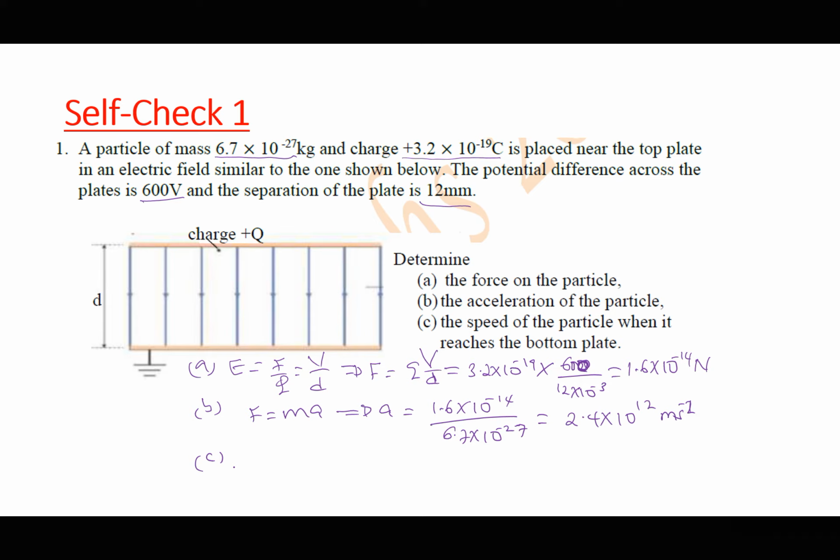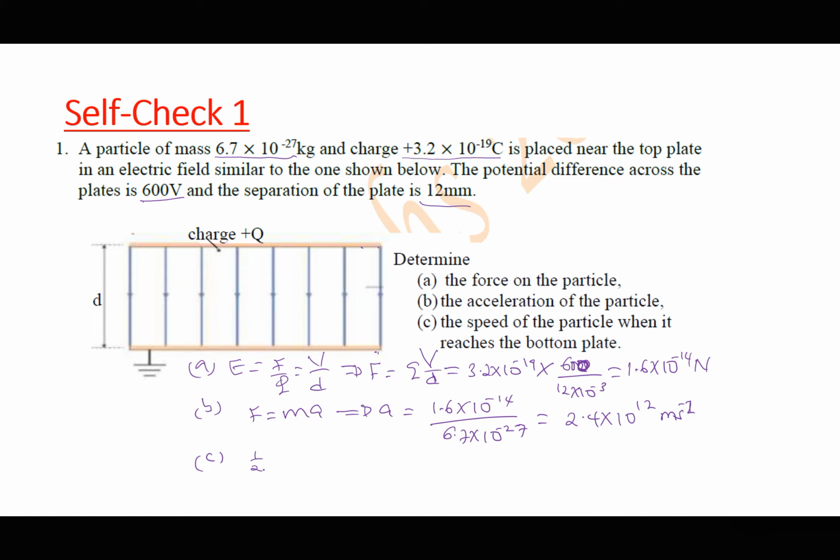Then part C, we want to find the speed of the particle when it reaches the bottom plate. So you have two options. You can equate kinetic energy to work done, or you can use equations of motion. I will use the first, because the PD is between one plate and another, the work done is just charge times the PD.